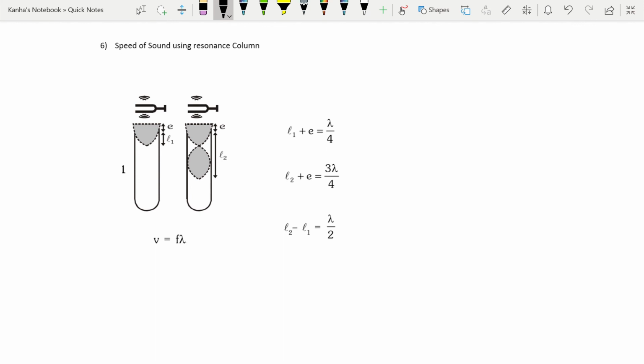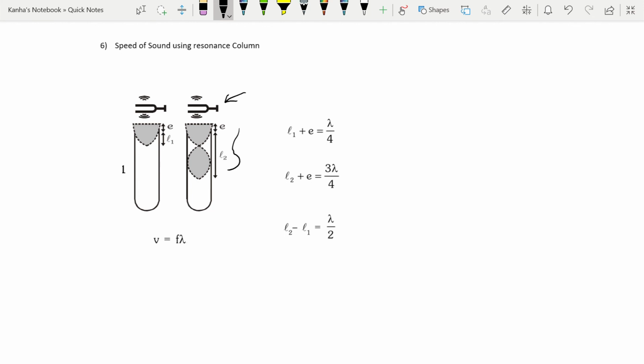So it is based on the phenomenon of standing waves. A vibrating tuning fork is held right here, near the open end of the tube. Okay, so when it starts to vibrate, the entire column vibrates with the frequency of the tuning fork.